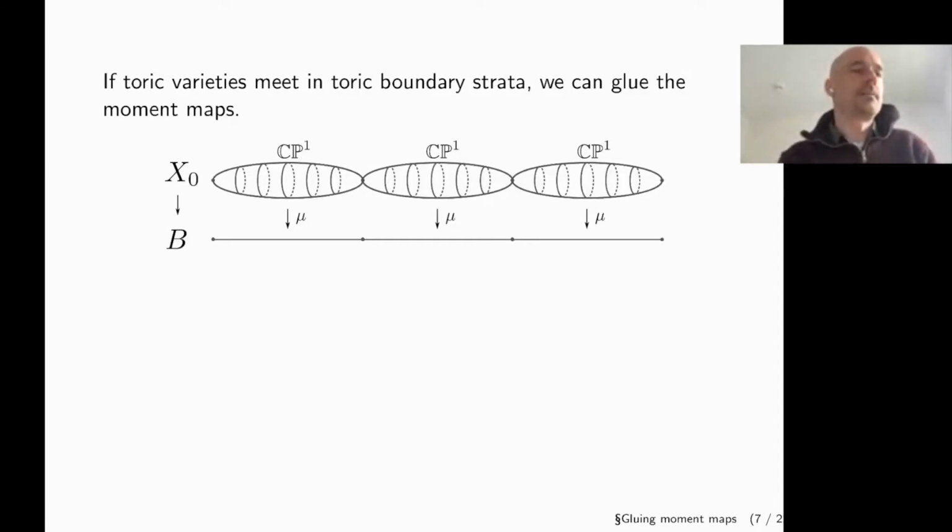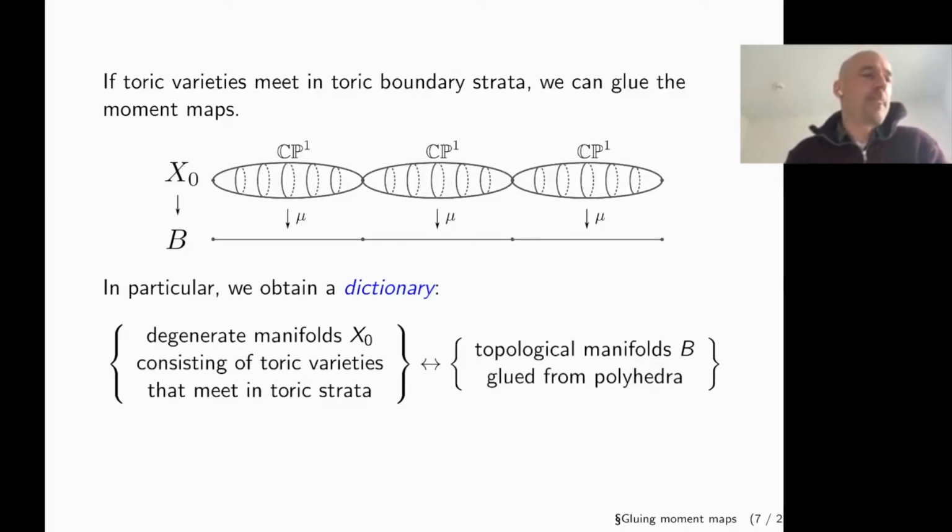So this gives a map that I would like to study. So this is a dictionary. If I have a degenerate manifold, which is a union of toric varieties that meet along toric strata, for instance, this thing here, you can say the union of the 3 CP1s is a degenerate manifold. And so as long as it consists of toric varieties that are glued along toric strata, you can then associate to it a topological manifold where you glue it from polyhedra.